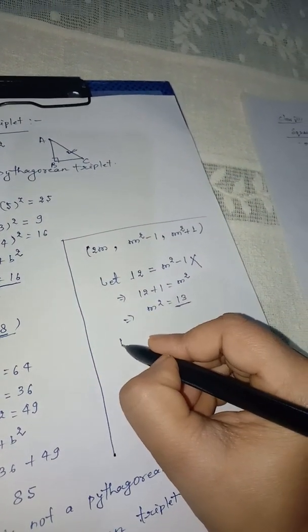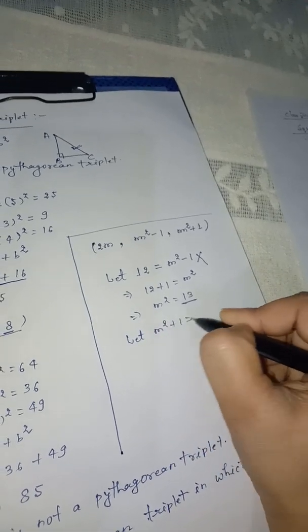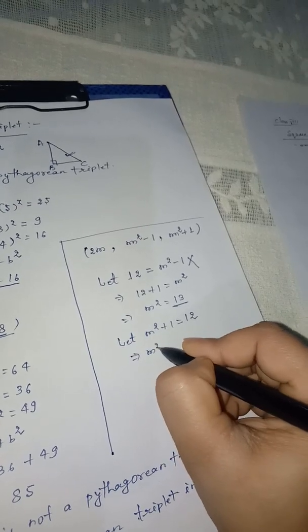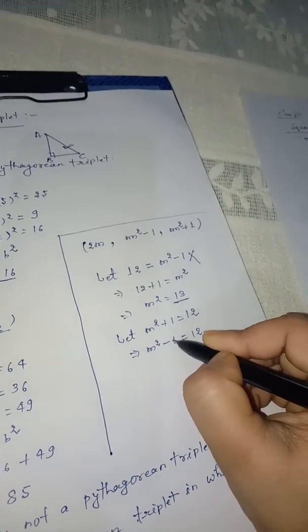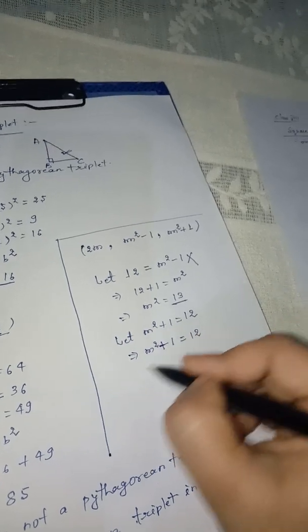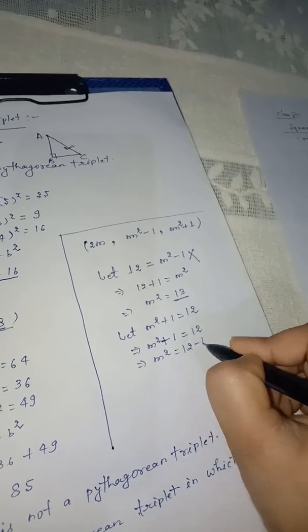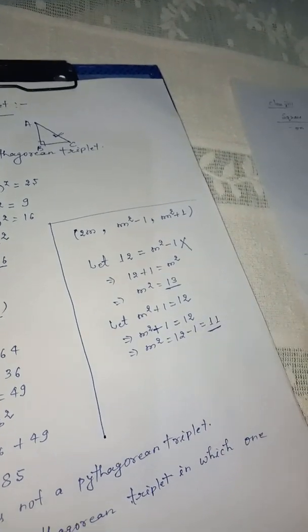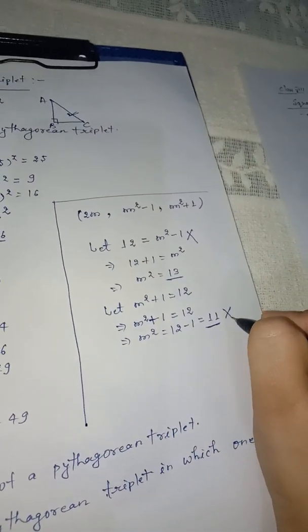Again, let m square plus 1 equal 12. So m square equals 12 minus 1, and it gives 11. Is 11 a perfect square? No. So again our assumption is wrong.